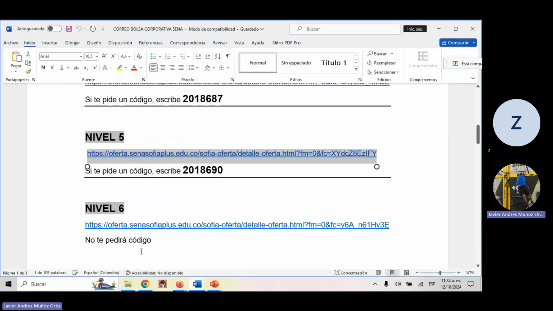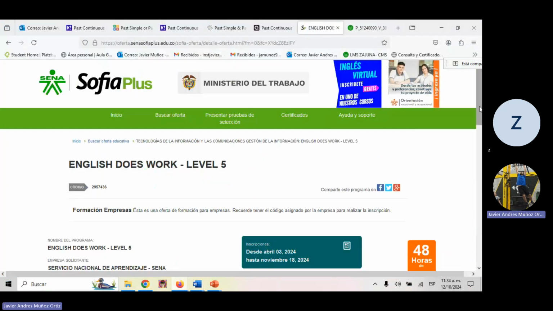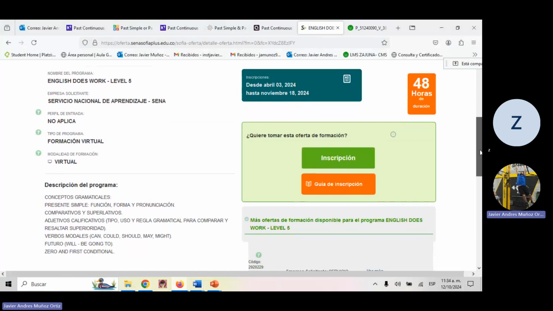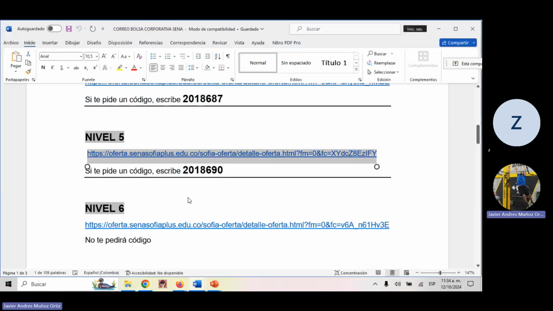Once you have downloaded this document, you can copy the link and paste it in a new window. Once you do it, the steps are very simple. You just click on inscription. You check that you are part of SENA. Type a number. This number for your level 5 is 2018-690.